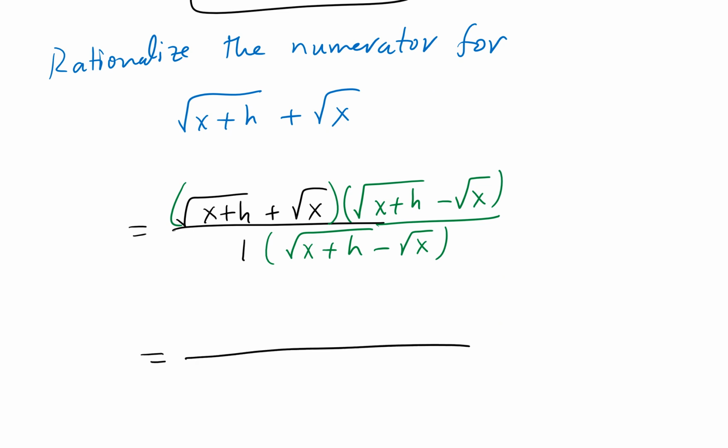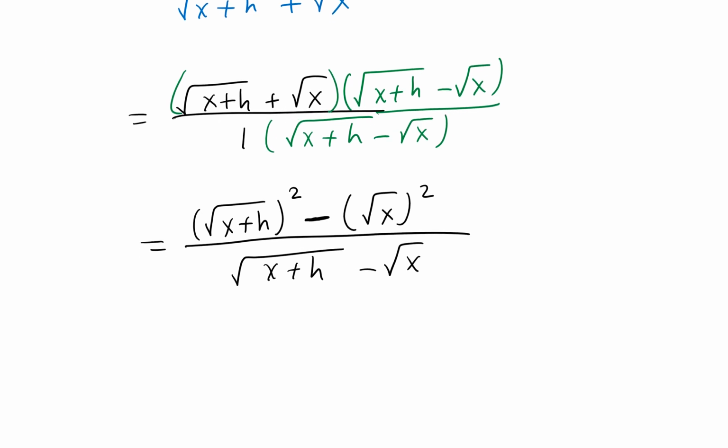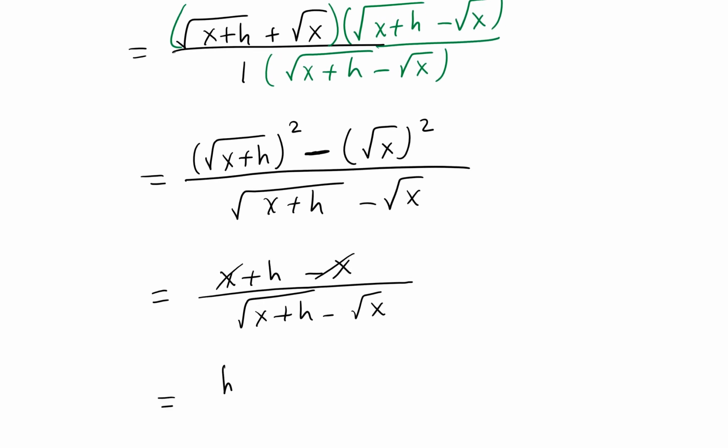And what does that give us? Keep this the same. On the top, as we did in the previous example, we take the first one, we square it, and minus the second one, we square it. What do we get for that? Keep this the same. The top, you get x plus h minus x, so these cancel out. So h over the square root of x plus h minus the square root of x.